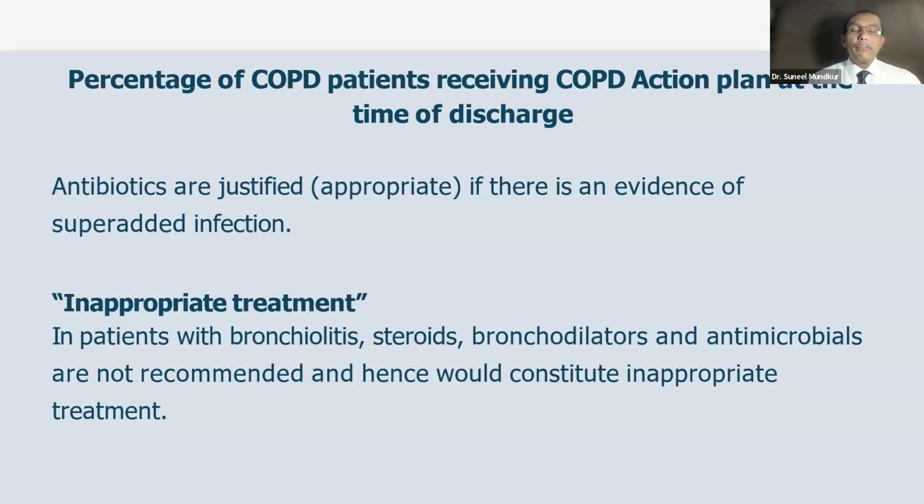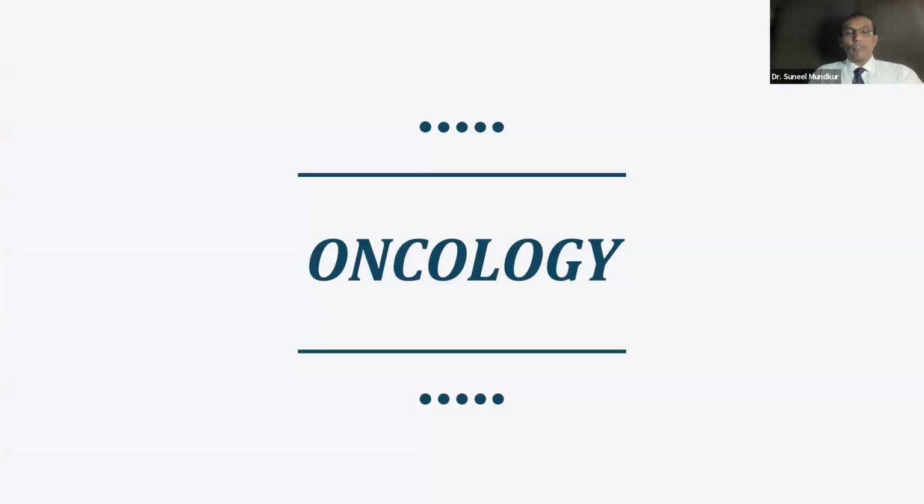And if you have definite evidence of secondary bacterial infection, of course, there is no way to say that it is inappropriate to treat with antimicrobials in such situations. So as long as you have a justifiable reason to use bronchodilators and antibiotics in bronchiolitis, it becomes appropriate treatment. So it becomes a part of the numerator that you have treated appropriately. I'll stop at this point because there will be a lot of controversies on that.